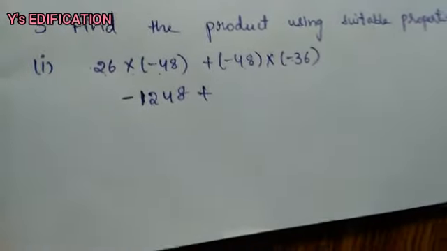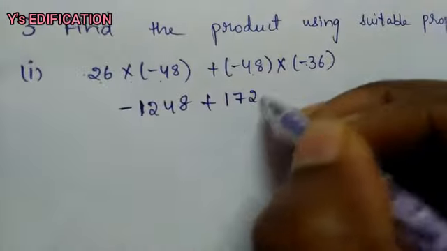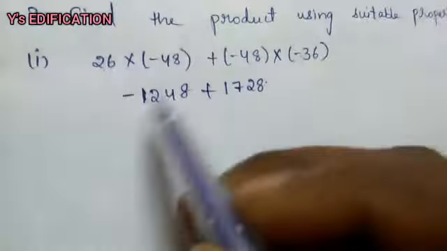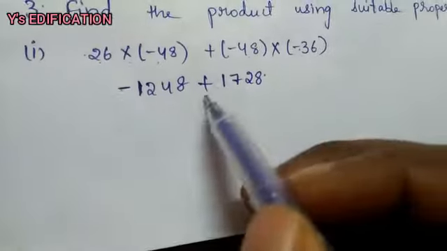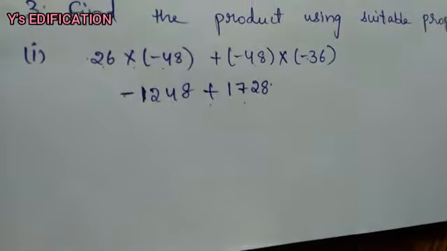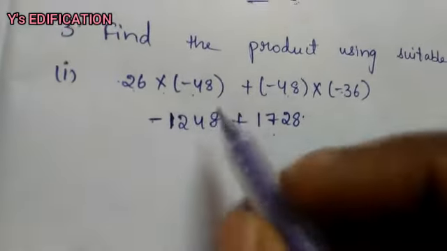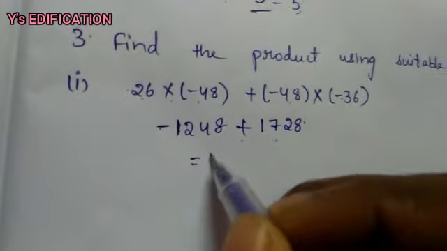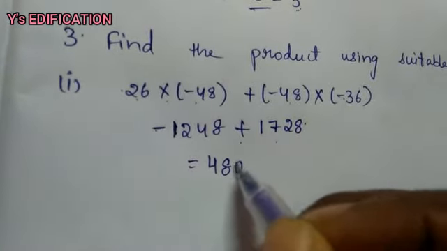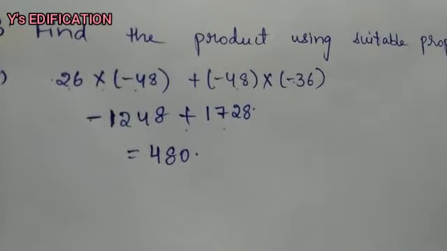So what is 48 into 36? 1728. Okay, so this is minus and this is plus. What we have to do? We have to do the subtraction. So when we subtract 1728 with 1248, the result will be 480.